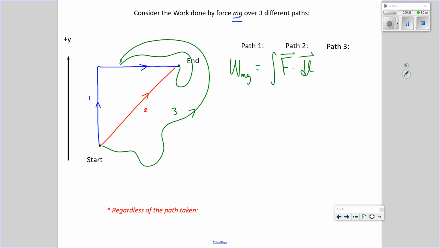We have to add up every little bit of work, because every one of these is a tiny amount of work done, equal to the force applied over some tiny distance traveled, as long as there's some component of F that's parallel to the direction of motion for that little tiny displacement.